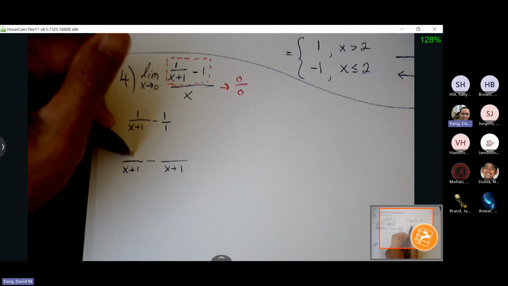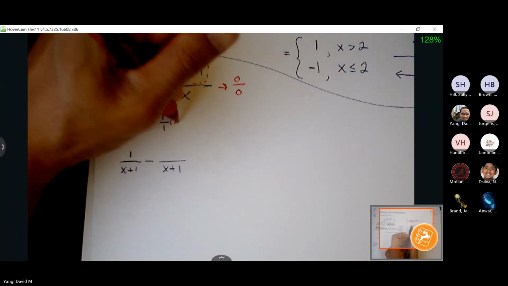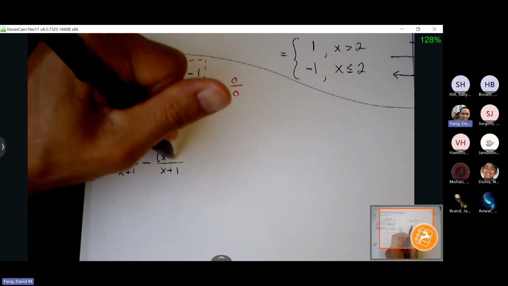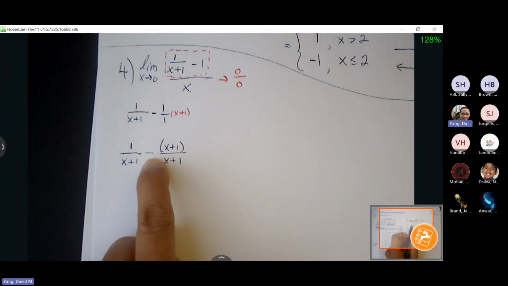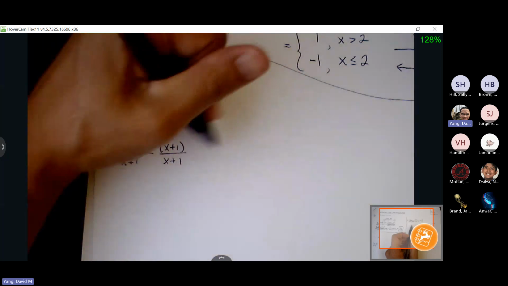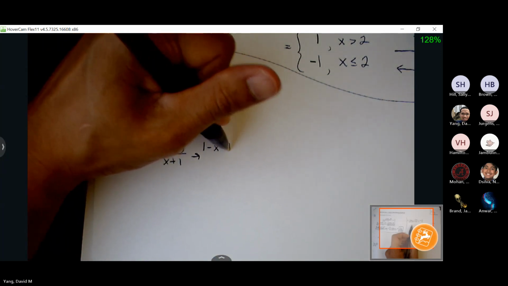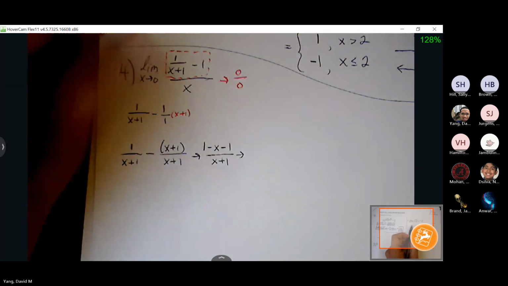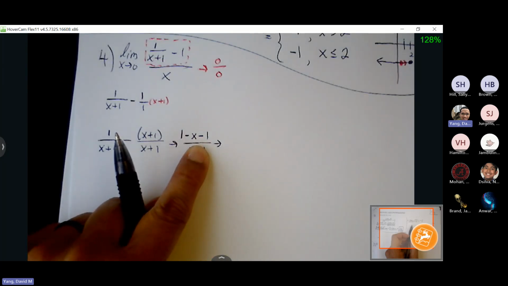No balance needed. This one is missing an x plus 1. Multiply at the top by x plus 1. Protect it with a set of parentheses because there's a minus sign that comes before it, which means we have to distribute that negative through. The numerator combines to be just negative x because 1 minus 1 is 0.